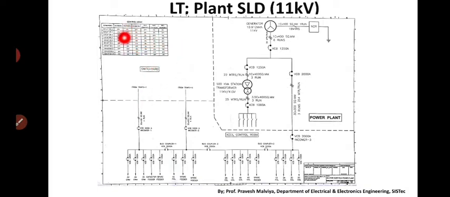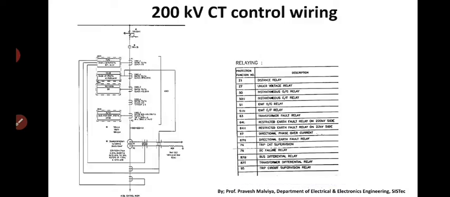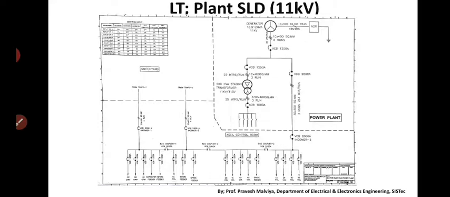Whatever output is coming from the substation, that is 11 kV, is being fed to this 11 kV common bus. So there were two transformers we have seen in the previous slide. Those two transformers are working parallelly and charging this common bus.